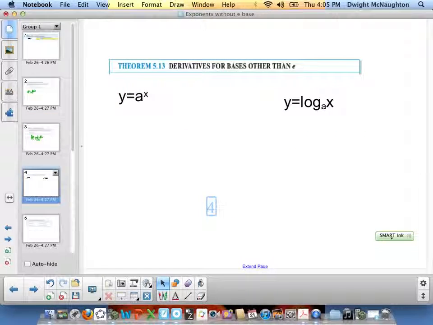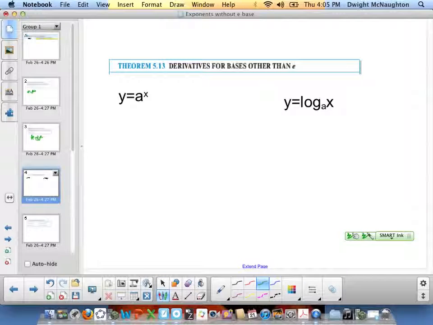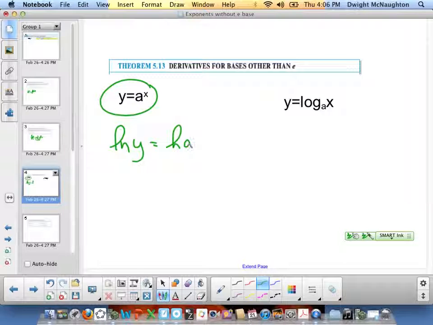So let's find the derivatives for bases other than e. For derivatives of a to the x, use log differentiation. We'll take the natural log of both sides: natural log of y equals natural log of a to the x. We can bring the x out, so we get the natural log of y equals x natural log of a.